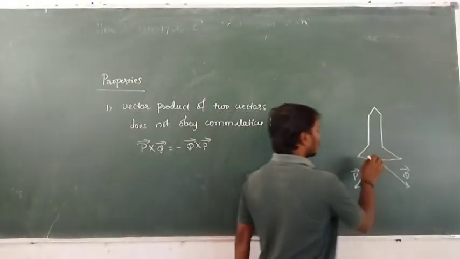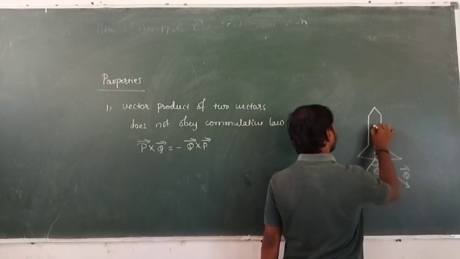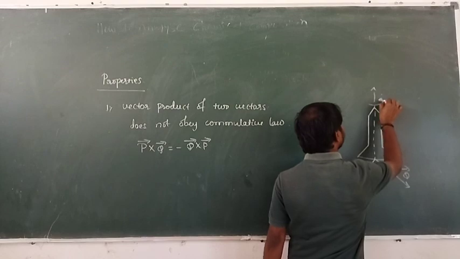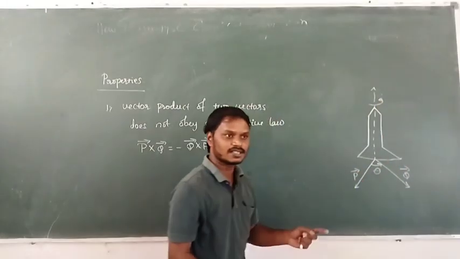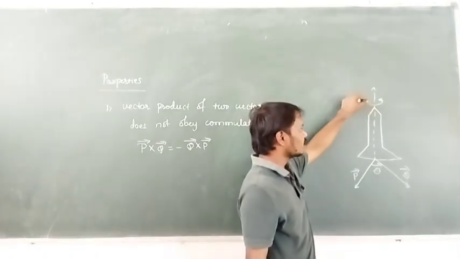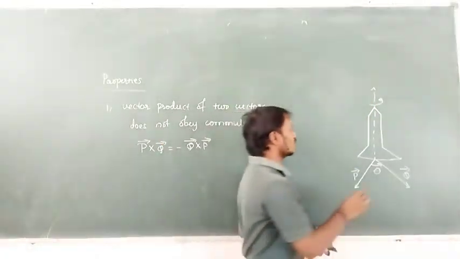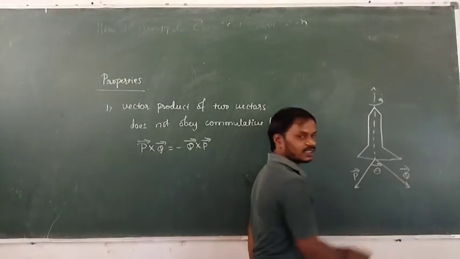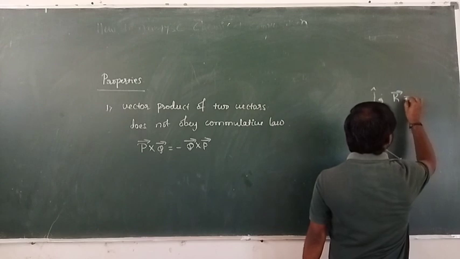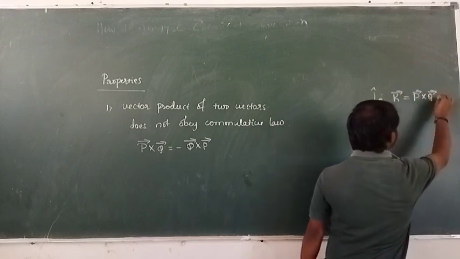Then the tip of the screw will be advanced in which direction? Upward direction. The screw is rotating from P to Q, and the tip of this screw advances in the upward direction. The resultant of vector P and vector Q can be written as vector R is equal to P cross Q.